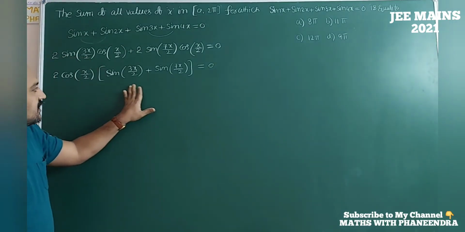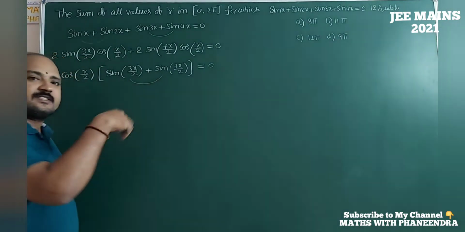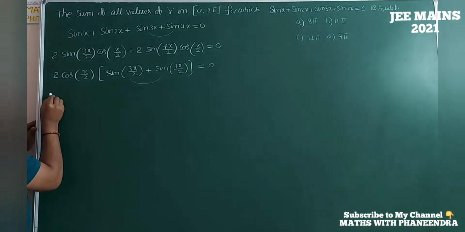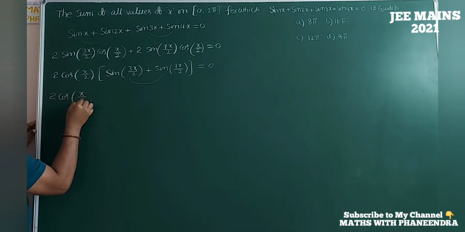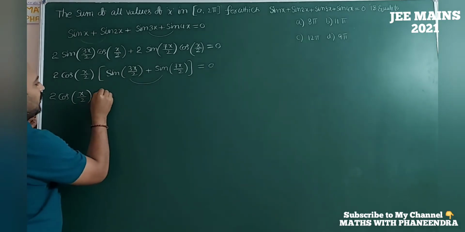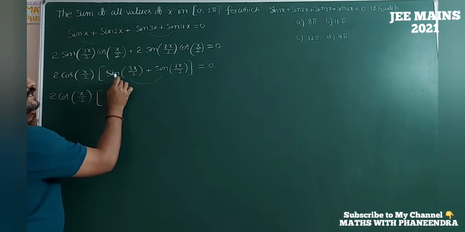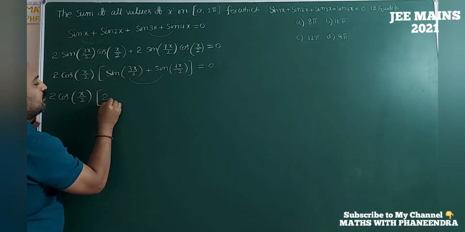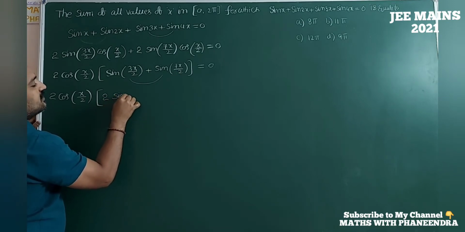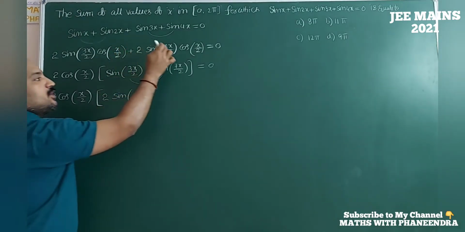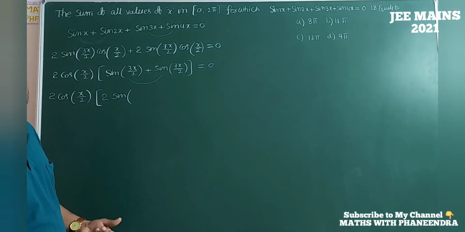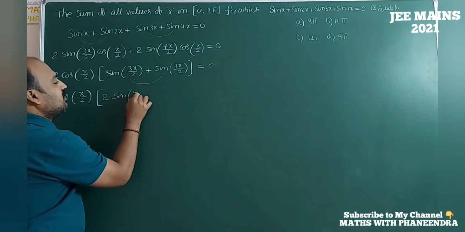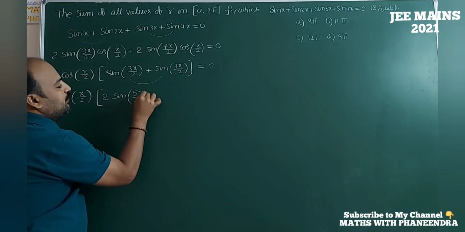Even this term, again by applying the sin c plus sin d formula. So 2 cos x by 2 into 2 sin of (c plus d) by 2. 3x by 2 plus 7x by 2 is 10x by 2, so 5x by 2.